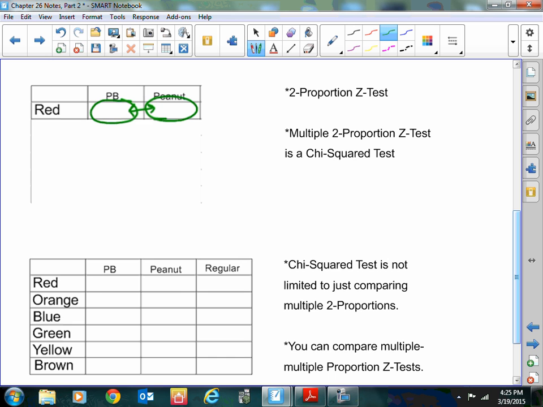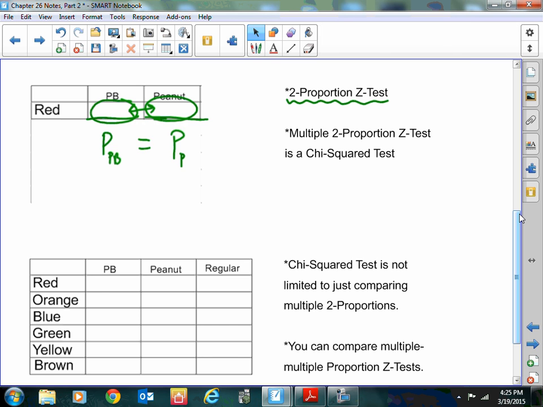That's what we used to do when we did a two proportion z-test. Is the proportion in the peanut butter the same as the proportion in the peanut M&Ms? Okay, that's what we were asked earlier in the year.